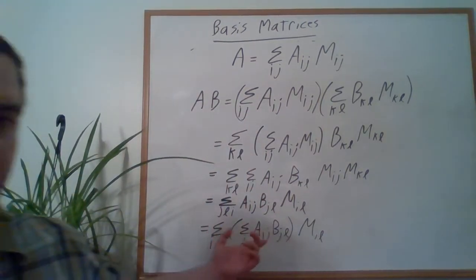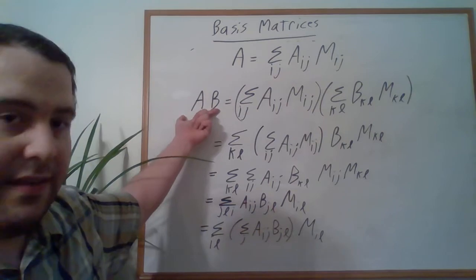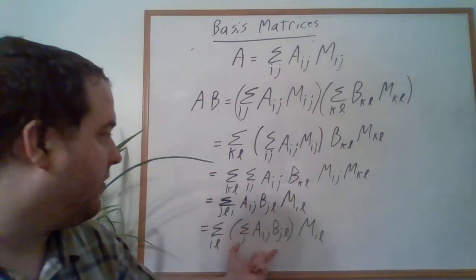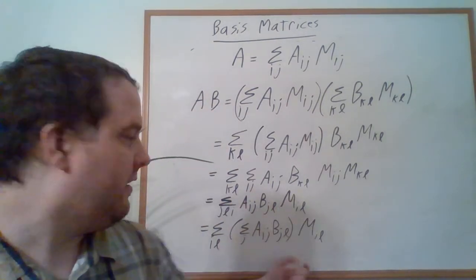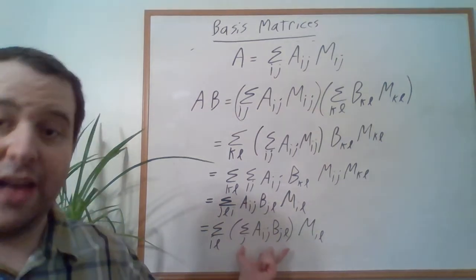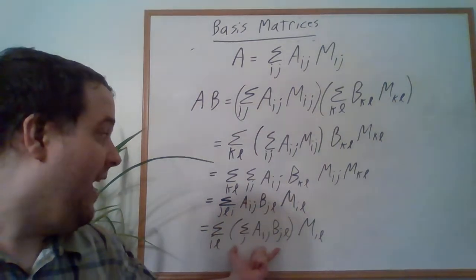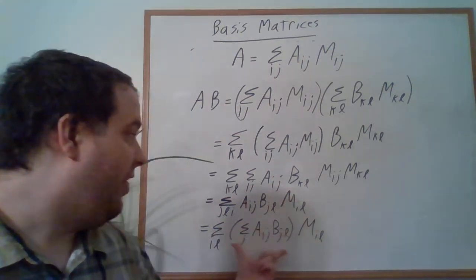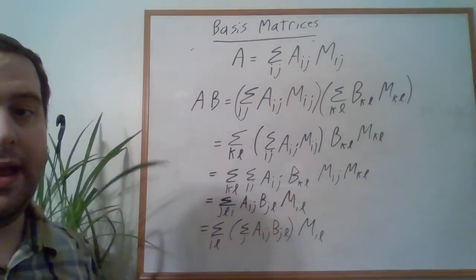So what this is doing is writing this product matrix in terms of the basis matrices. These are the coefficients, and we recognize this as the formula for the ilth entry of AB.